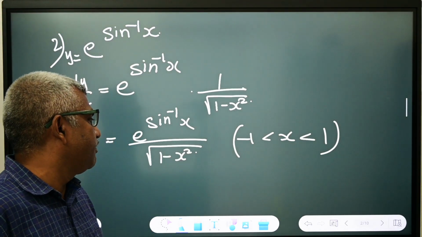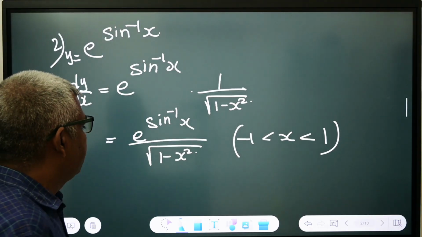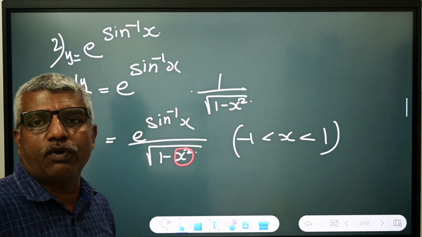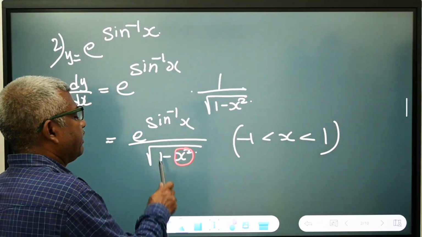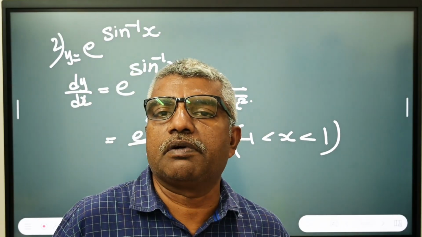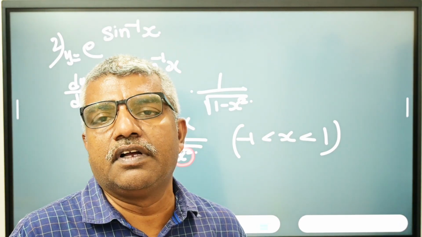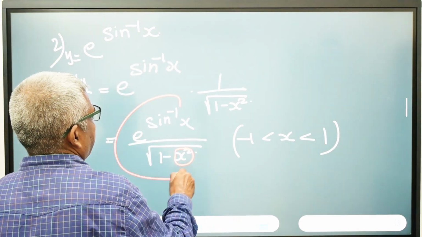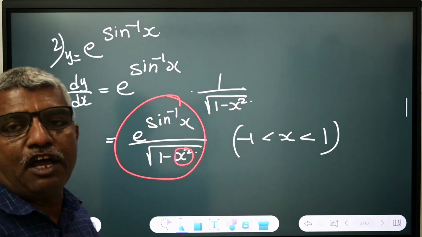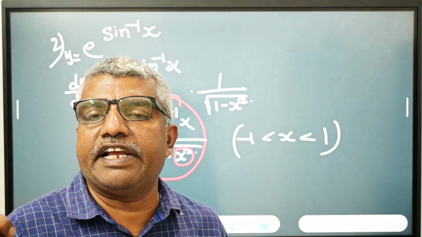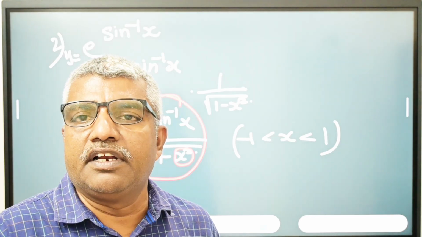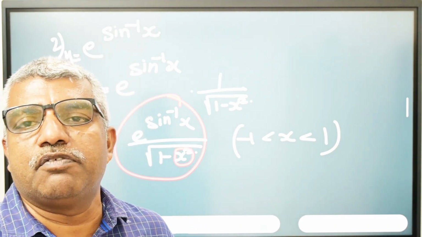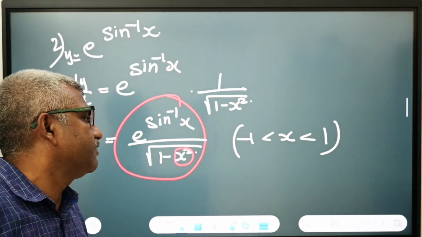When x is between minus 1 to 1, 1 minus x squared will be less than or equal to 1, so it will be positive. So this is valid: e power sin inverse x. Because when x is between minus 1 to 1, denominator will not be 0, and at the same time square root will not have a negative value.